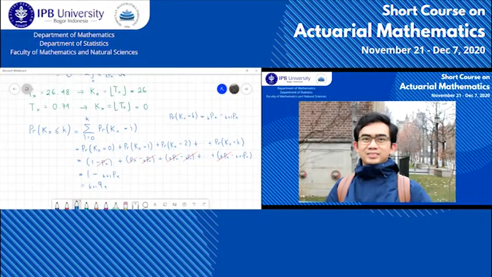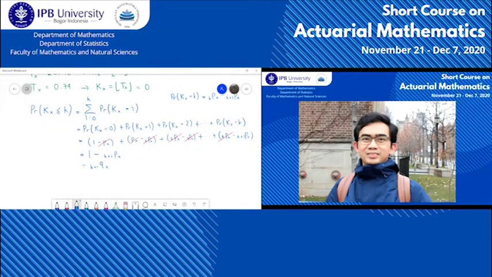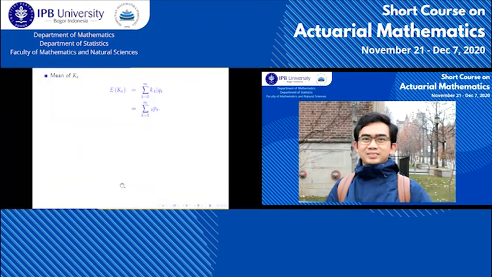We also have the survival function of Kx: the probability of Kx being larger than k is equal to k plus 1 px, just 1 minus the distribution function.